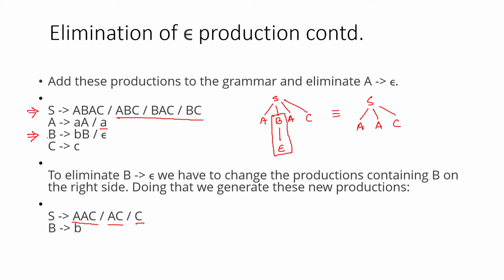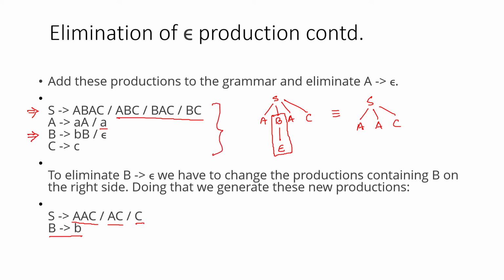What about for B? For B, it is B to capital B small b capital B, and if you replace capital B by epsilon, ultimately you will get capital B to small b, and that's why that has been added. So in the modified production rules, these 3 and 1, 4 production rules will be added on these production rules.